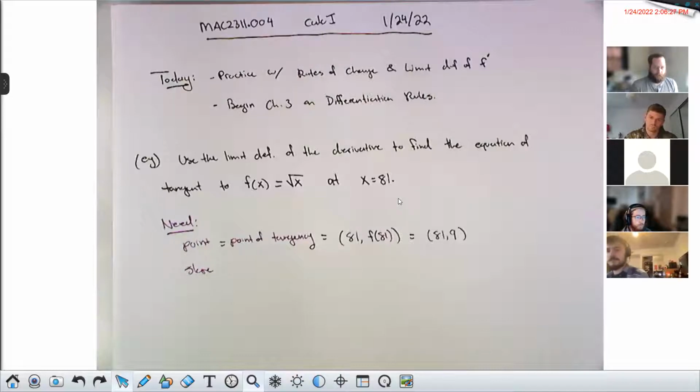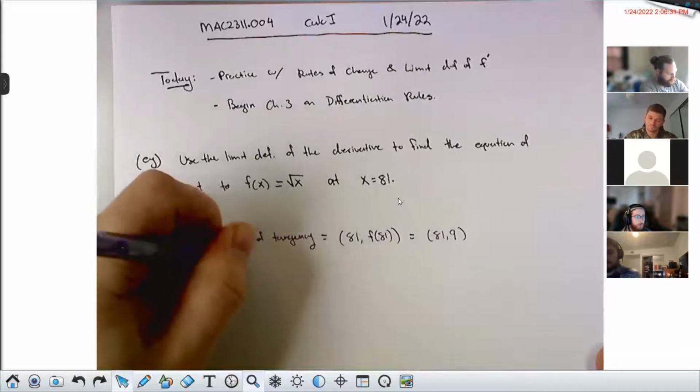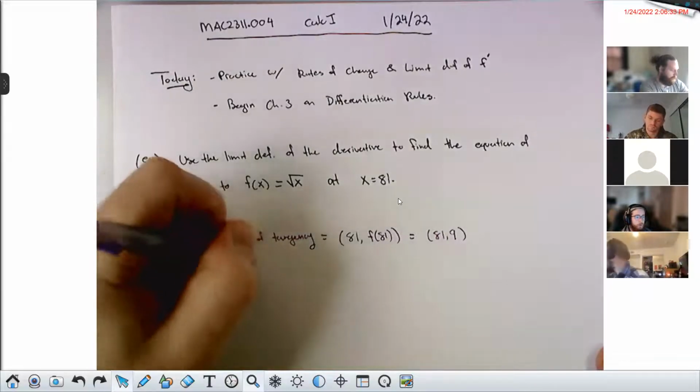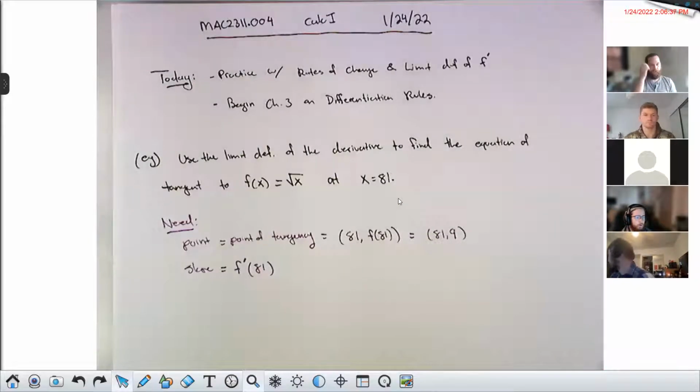The slope of the tangent line is the fun part. That's the derivative evaluated at that x value. And there are two ways that would be acceptable to come at this. We have two limit definitions we could use, right? The x to a definition and the h to 0 definition.